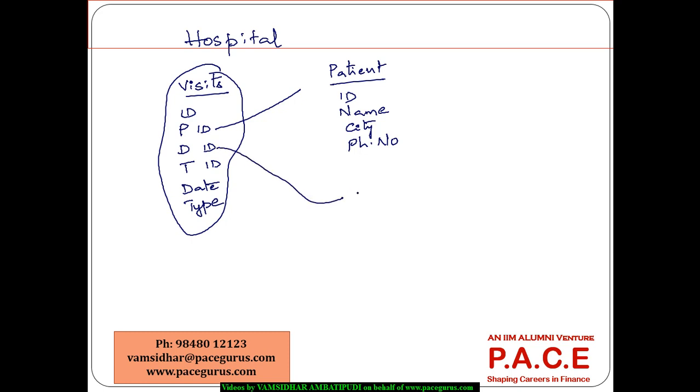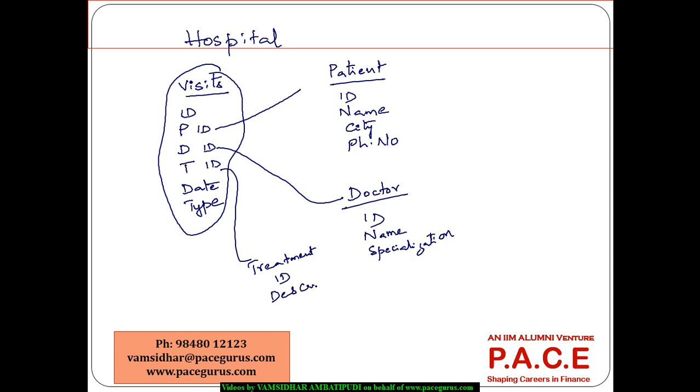Similarly, I may have another table regarding the doctors, the doctor ID, the name, the specialization of that particular doctor, etc. Similarly, for every treatment, I can have a separate treatment ID, probably some kind of description, etc. So you can think of creating a database like this.